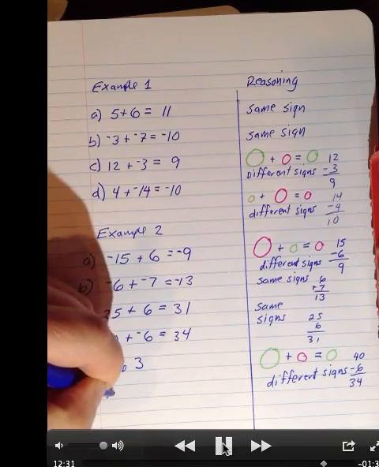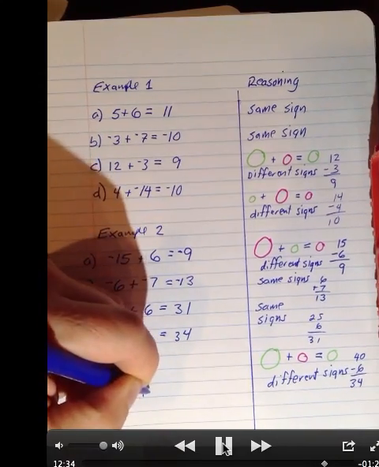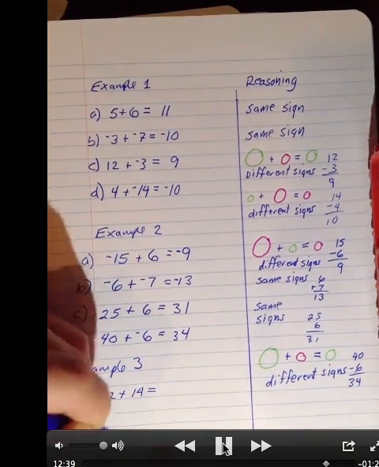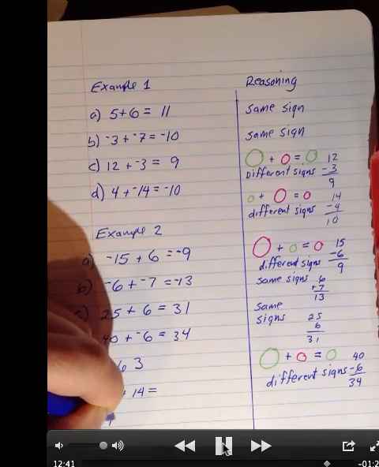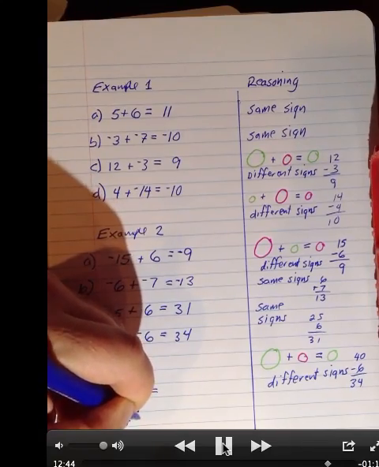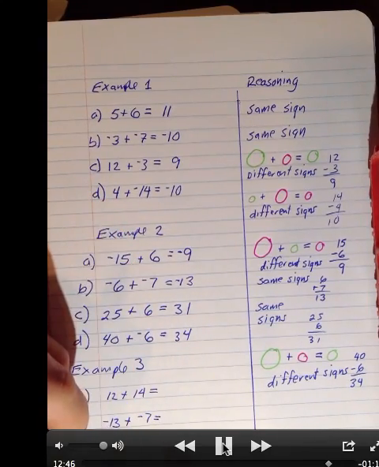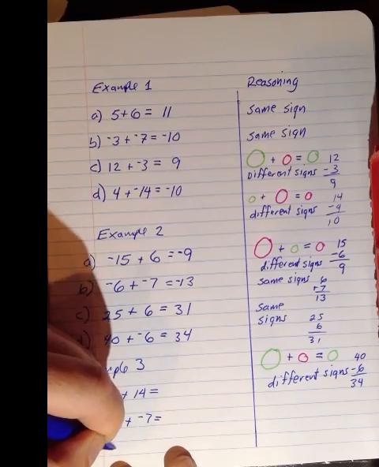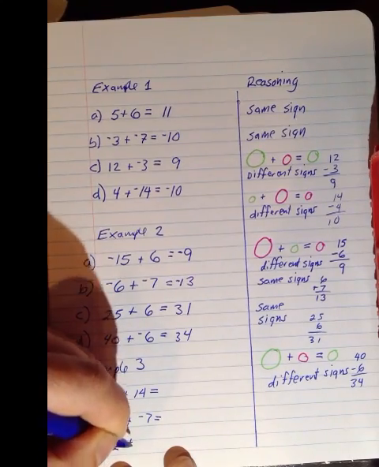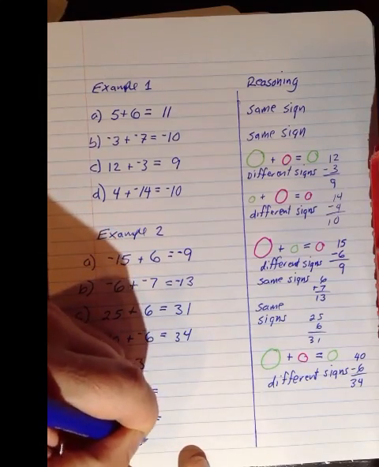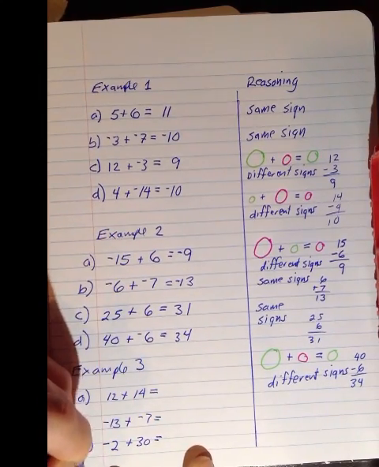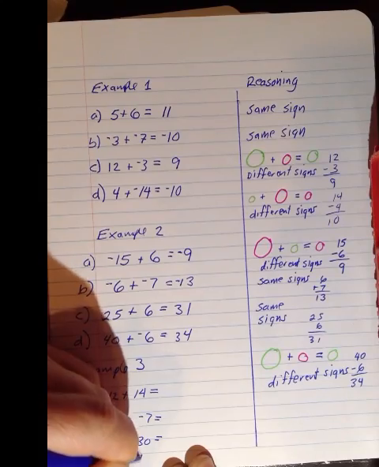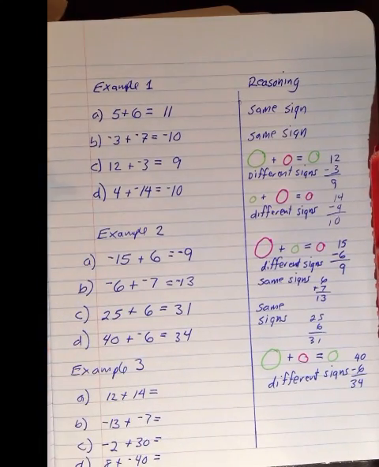Example 3a, we're going to try to simplify our reasoning a little bit. 12 plus 14, negative 13 plus negative 7, negative 2 plus 30, and d is 8 plus negative 40.